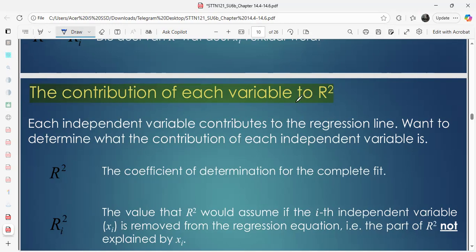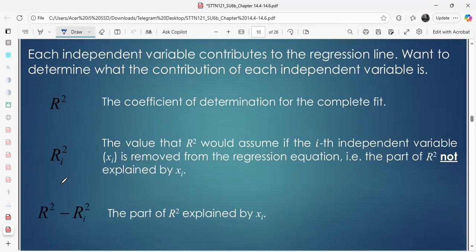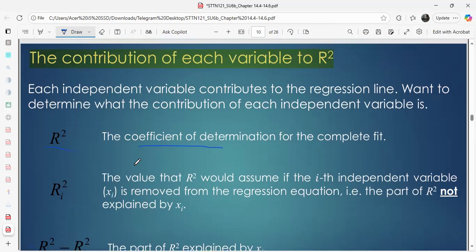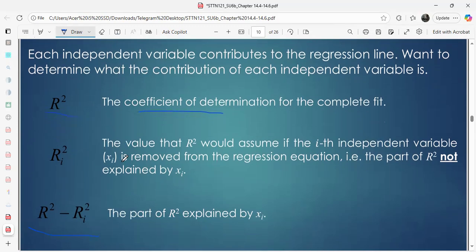The contribution of the variable to this R squared is R squared minus R squared i, where R squared is the coefficient of determination, and R squared i is the value of the coefficient of determination where, for example, the ith independent variable is removed. If they want the contribution to R squared, this is the one: R squared minus R squared i.